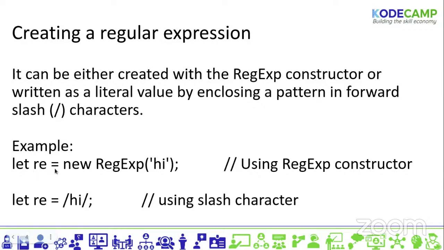So let RA, for example, equal new regular expression, or you use this / characters. So instead of, if it was a string, we would have used quotes here to open the string and close it. But since this is a pattern, that's why we are using / here. Whatever you're writing inside here, it could be a string, but it is actually a pattern that you can use to search for values in a string, for example.